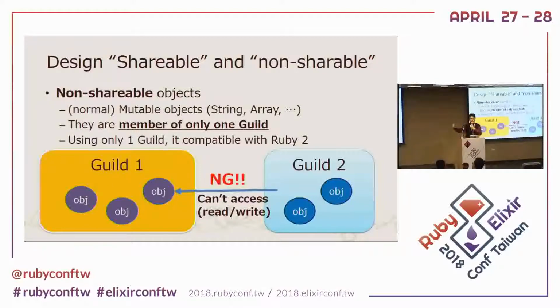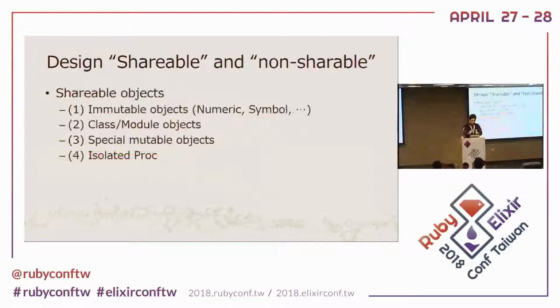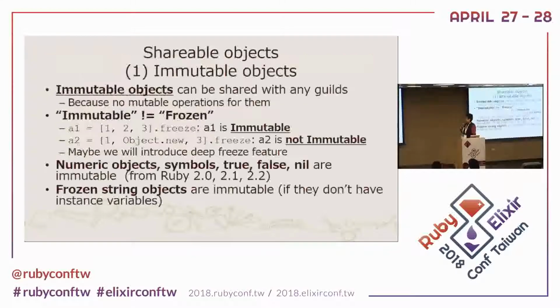So we say these three objects are members of guild 1. And we define shared objects: immutable objects, class and module objects, special mutable objects, and isolated procs. I will show you more details about them.